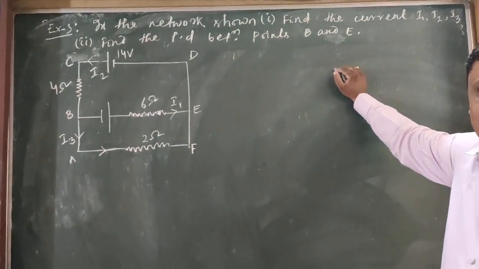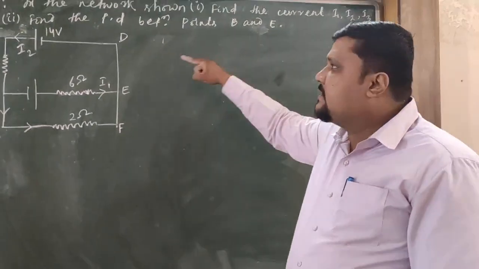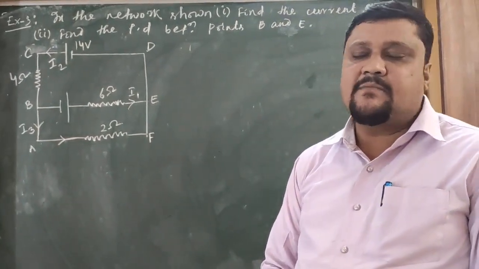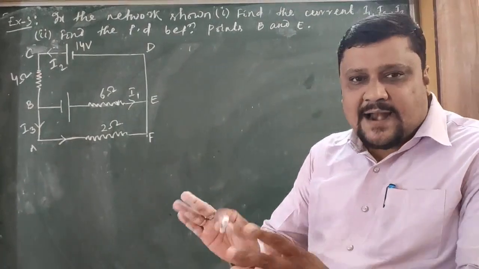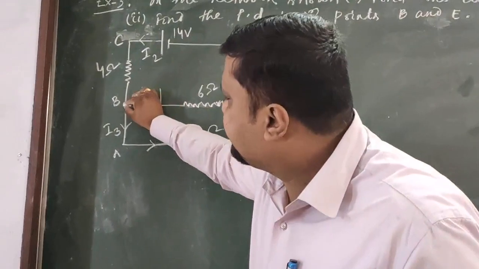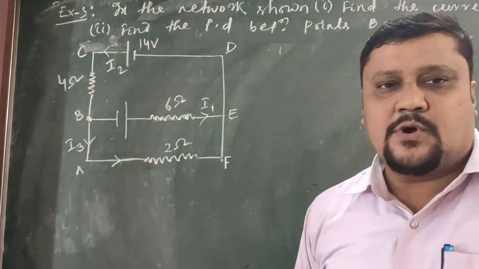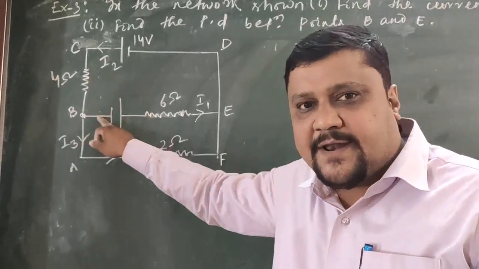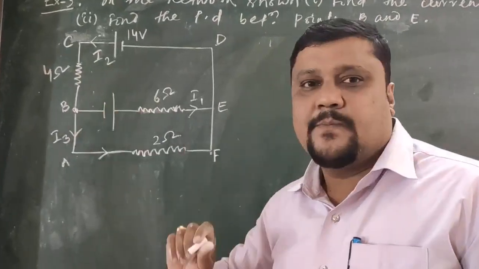That other equation I can get from Kirchhoff's current law. So what is Kirchhoff's current law? Let's take a branch point B. As you know, the algebraic sum of currents meeting at a point is 0.